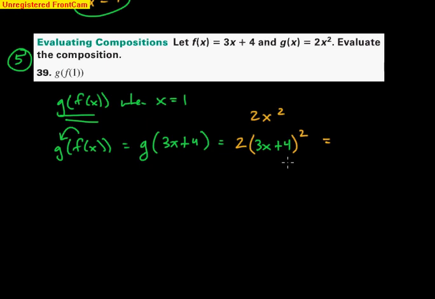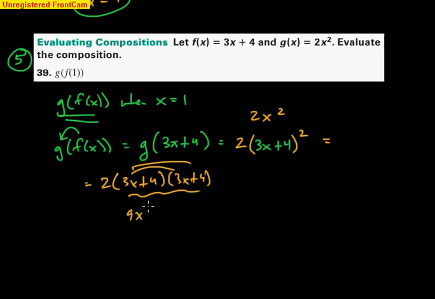Okay? And now we must simplify this. Add, subtract, multiply, divide if you can. Well, this 3x plus 4 squared is 3x plus 4 times 3x plus 4. It's written twice. And I'm going to go ahead and FOIL that out first. The 3x goes to the 3x and the 4 to make 9x squared plus 12x. This 4 goes to the 3x and the 4 to make 12x plus 16. And I will simplify that.